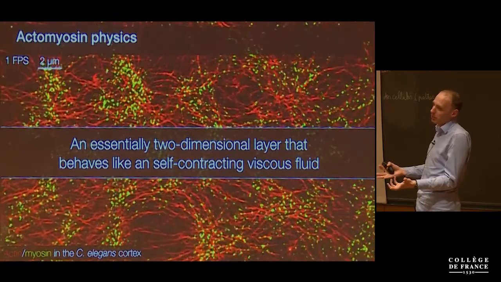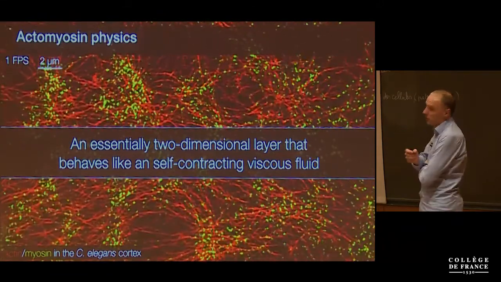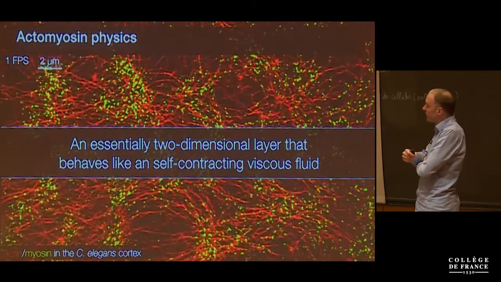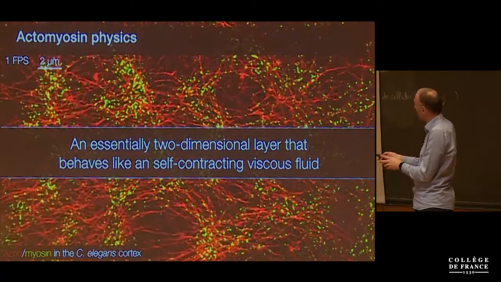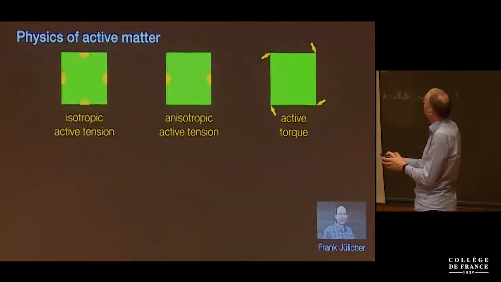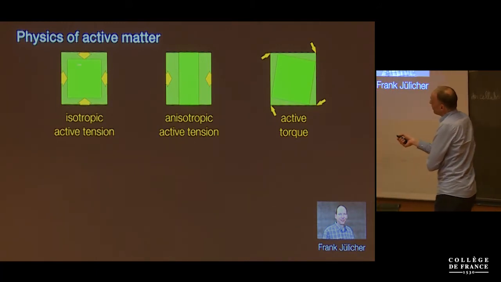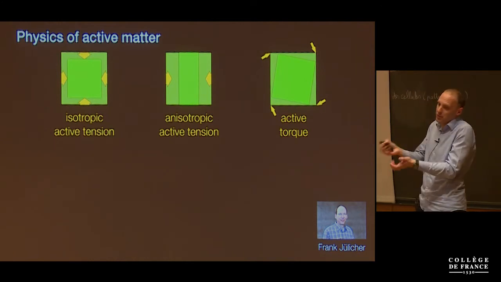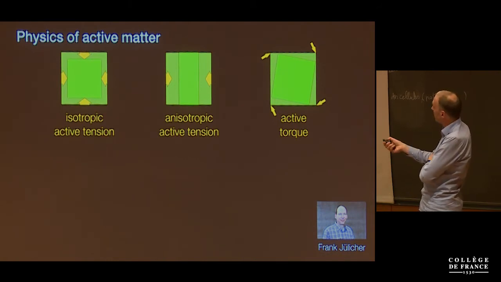So it's an out-of-equilibrium fluid, where ATP consumption by molecular motors in this essentially two-dimensional film drives force generation at the molecular scale, which drives active stresses, which in turn can propel this material into motion on its own. And we've been interested for many years in characterizing exactly the types of stresses that are generated in such a thin film fluid.